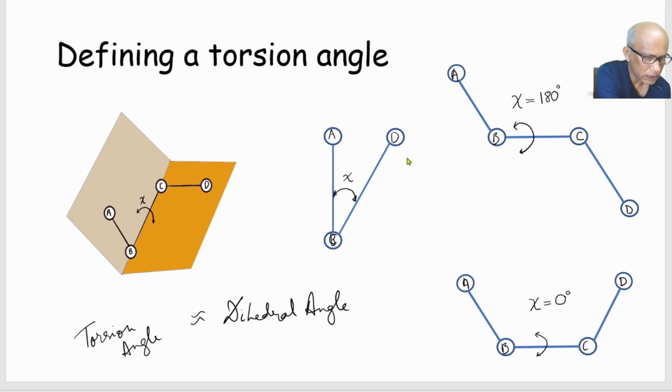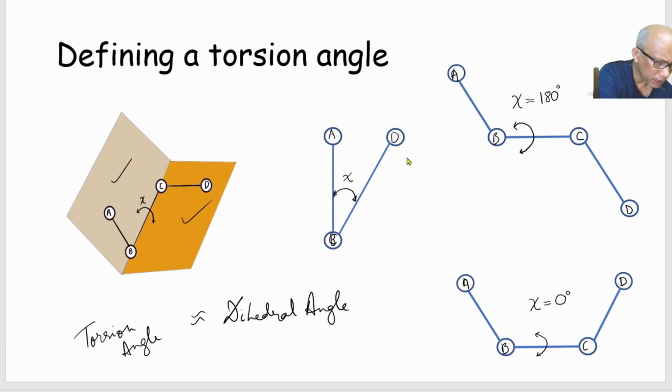So if I have these atoms A, B and C, which are 3 points in space, the atoms being considered massless and volumeless, they are just points. So I can pass a plane which goes through these, which is shown by this color out here. Similarly, I can pass another plane through atoms B, C and D, which is shown by this color.